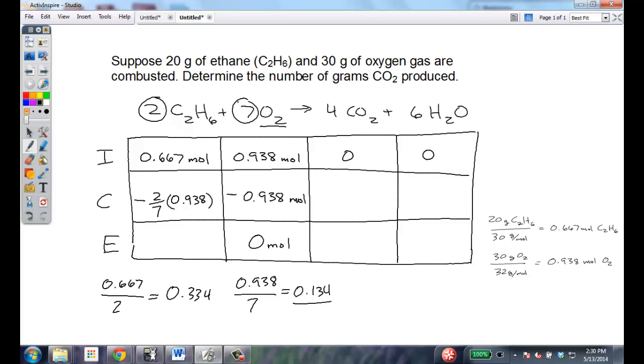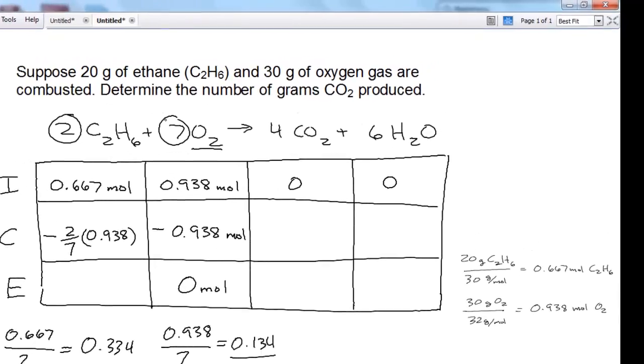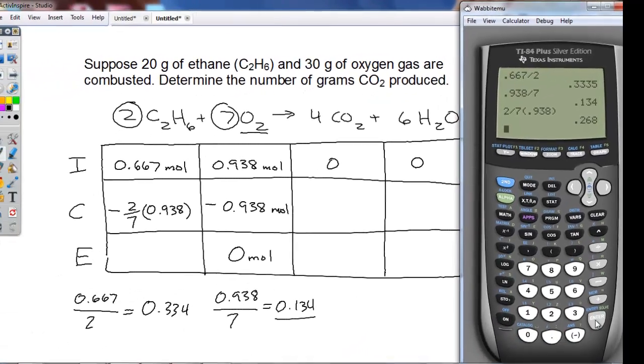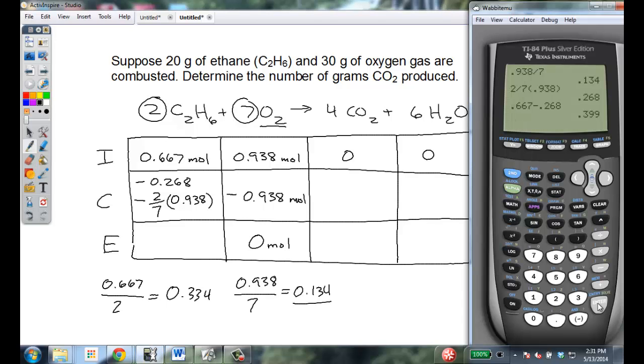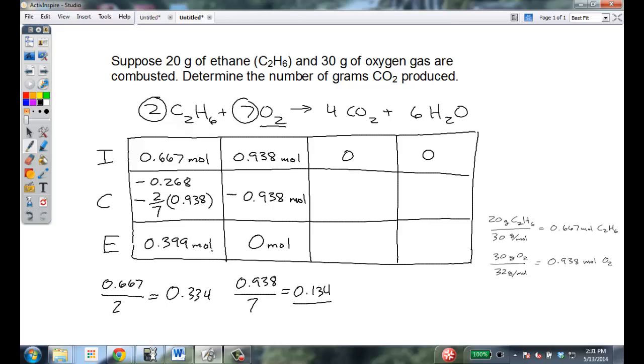So this amount is the amount that I'm going to be subtracting from 0.667. So I get 0.268. So I'm going to take my 0.667 minus 0.268, and that will give me what goes in the E box for C2H6. What's nice is this tells me how much C2H6 I have in excess. This is how much is going to be left over.